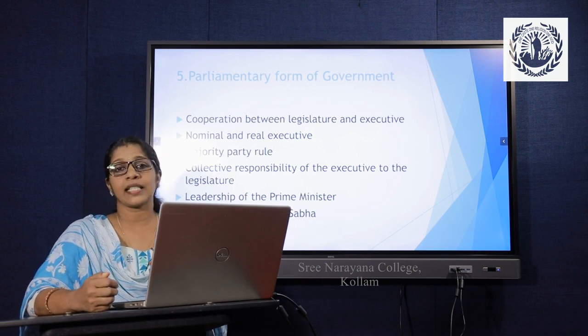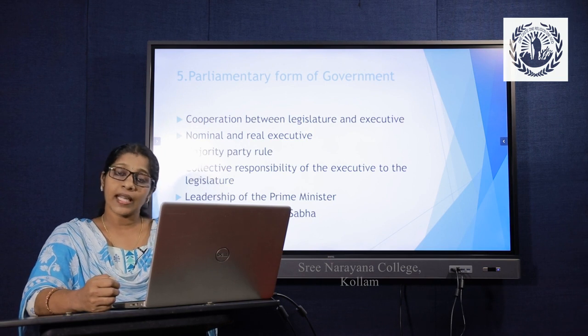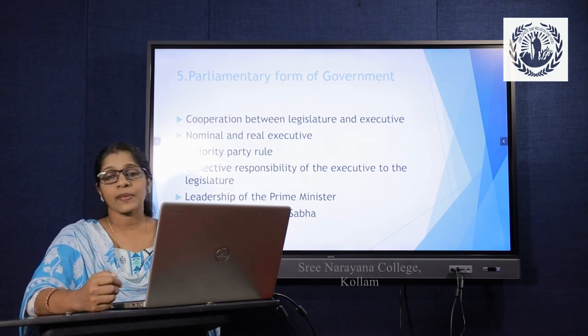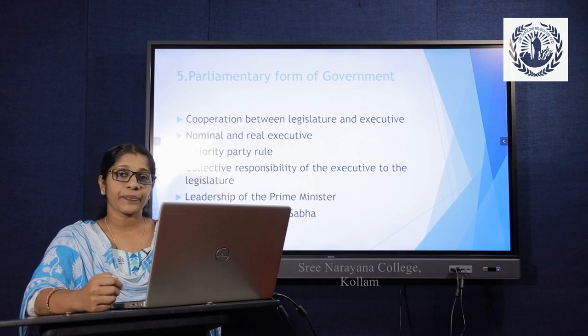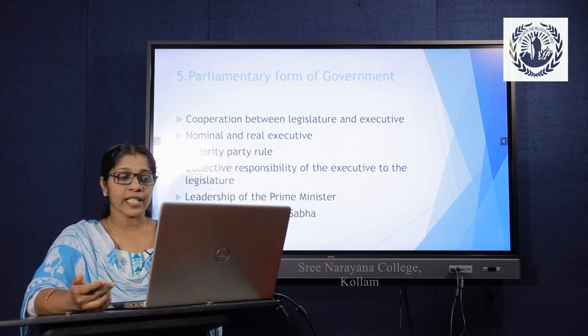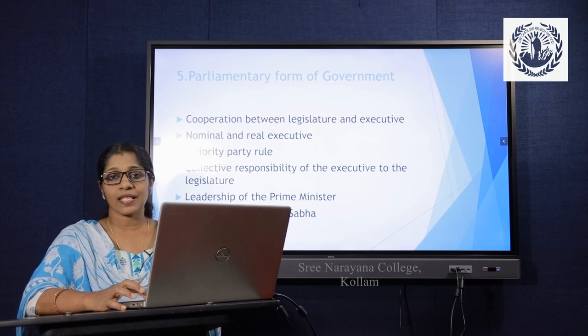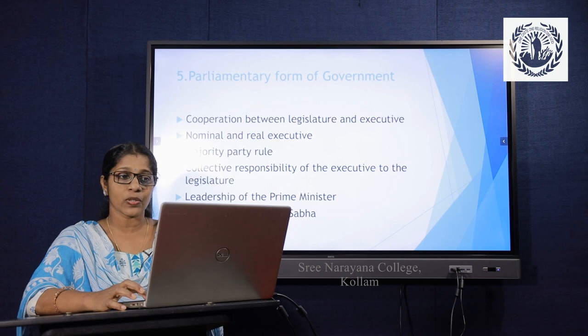We all know that in India, the president is the nominal executive and the cabinet headed by the prime minister is the real executive. And there is a majority party rule, collective responsibility of the executive to the legislature, leadership of the prime minister or chief minister, dissolution of the Lok Sabha. This parliamentary system of government is taken from the British Constitution.